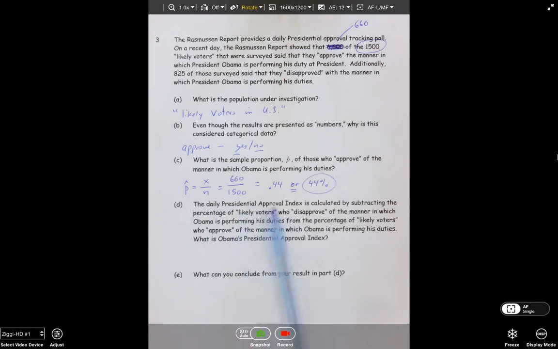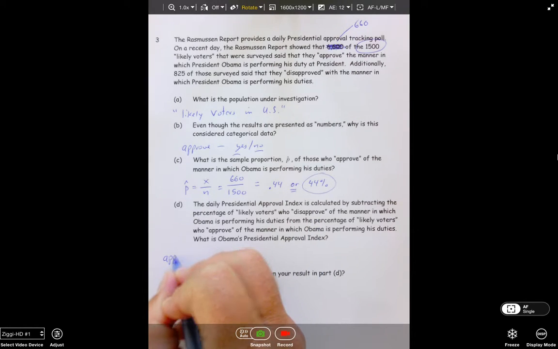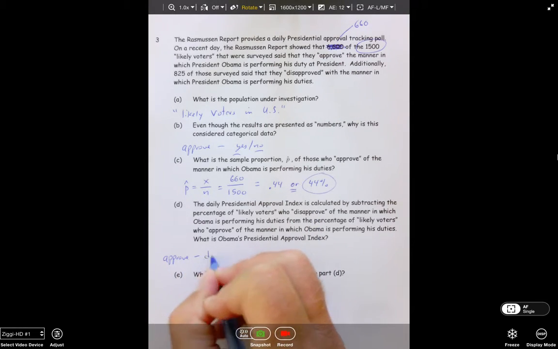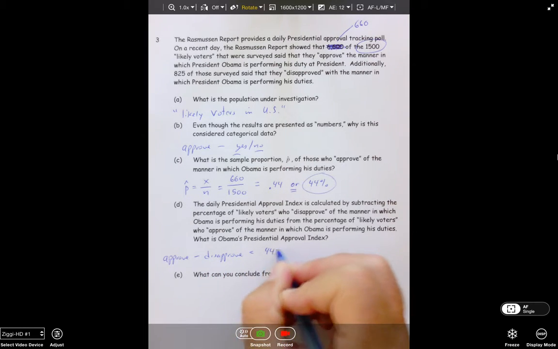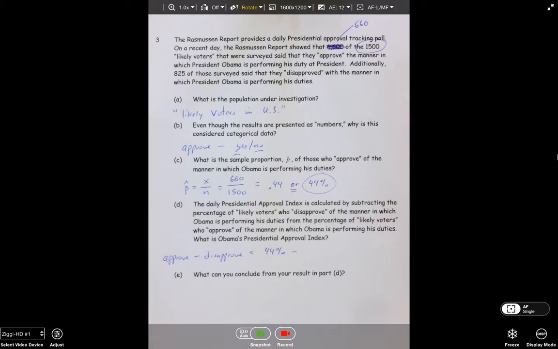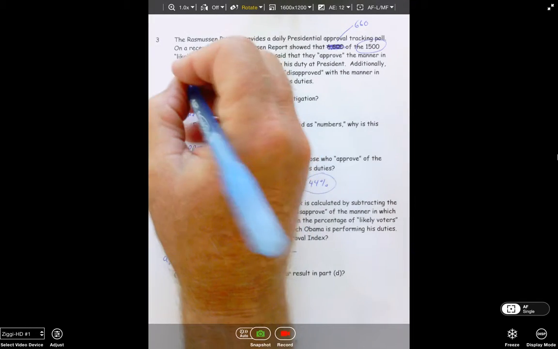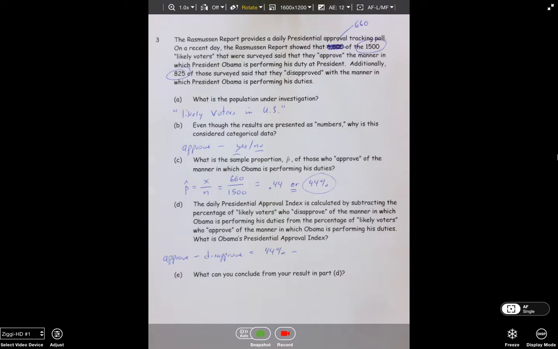The daily presidential approval index is calculated by subtracting the percentage of likely voters who disapprove from the percentage of likely voters who approve. Well, we know the percentage who approve is 44%, and there were 825 out of the 1,500, which is 55%.